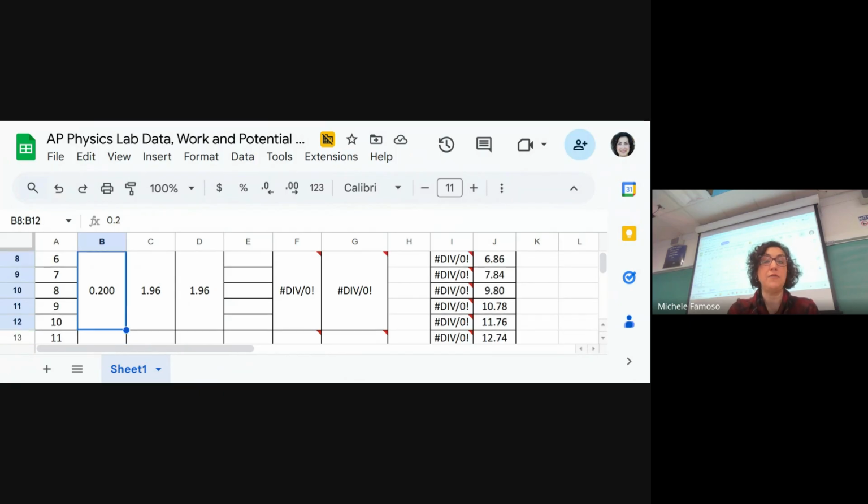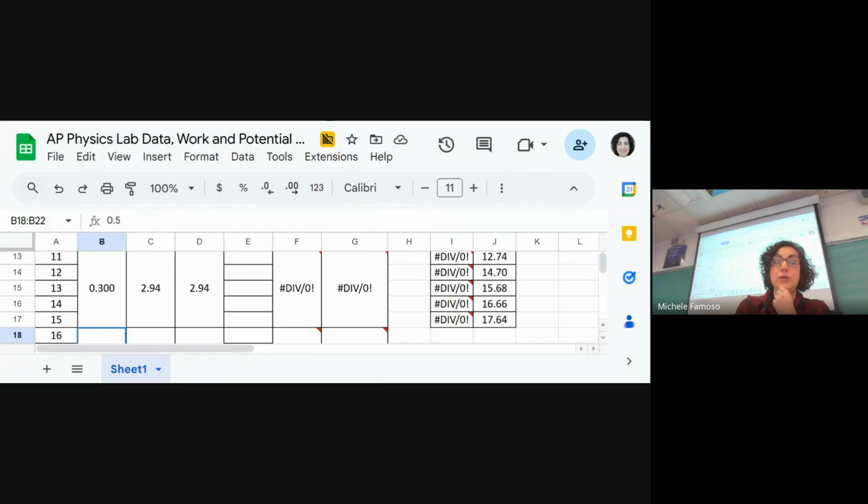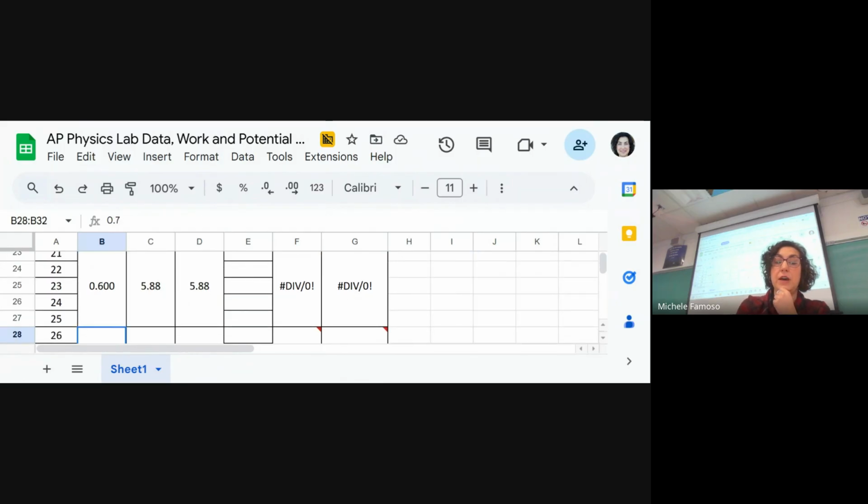Then you're going to do it again for 0.2 kilograms, again for 0.3 kilograms, 0.5 kilograms, 0.6 kilograms, and so on. Now, you don't have that many masses at your station, but you can add masses together to get the total mass.